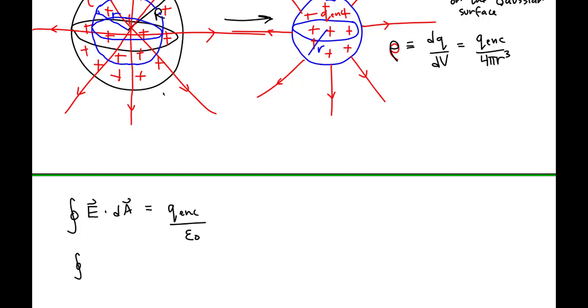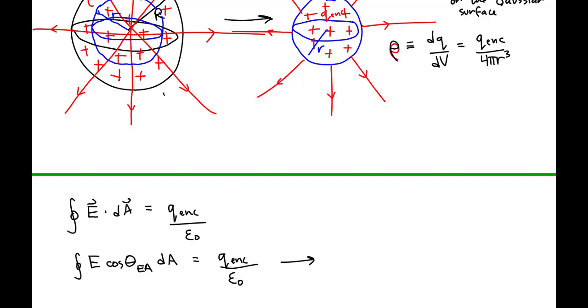This means that if we look at our surface and use one version of the dot product, that says the magnitude of the electric field times the cosine of the angle between the electric field and the surface differential times the magnitude of the surface differential is equal to how much charge we have enclosed divided by epsilon naught. Well, let's go ahead and come up with an expression for each of our pieces here.